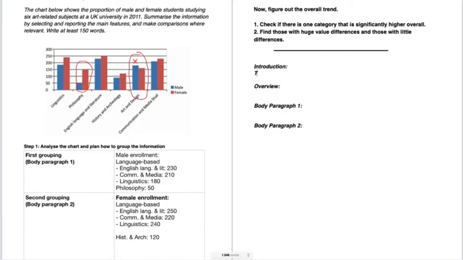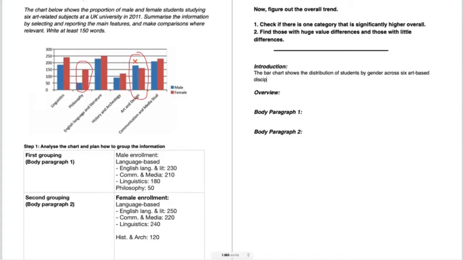So I'm going to say the bar chart shows the distribution of students by gender across 6 art-based disciplines at a UK university in 2011. Now, this is my paraphrasing, basically. I see here that it says the chart.